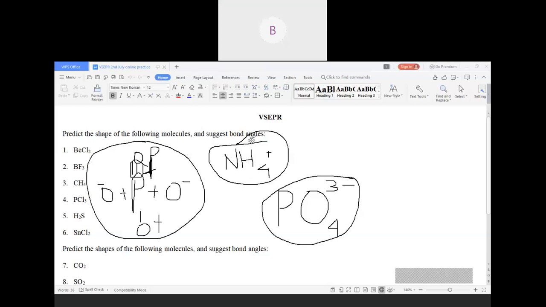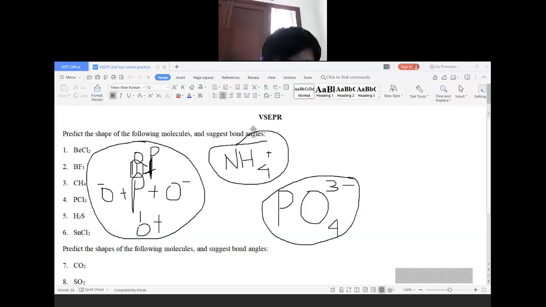So ammonium and phosphate, they have the same bond angle and they have the same shape. Okay, so there is a possible question on polyatomic ions, which is VSEPR.